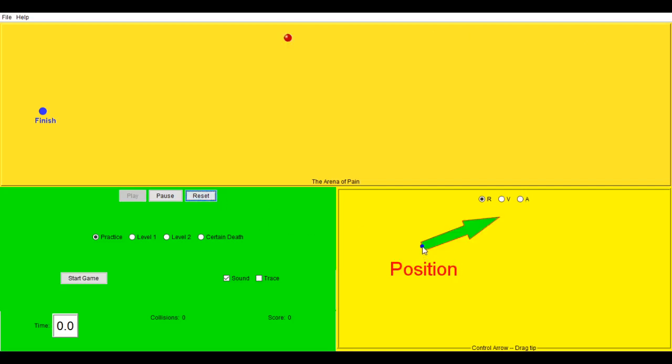If the object has greater speed and suddenly it stops, like the one that we have right here, it goes somewhere over here. As you can see, the object stopped.